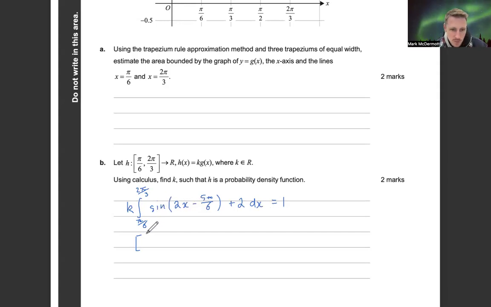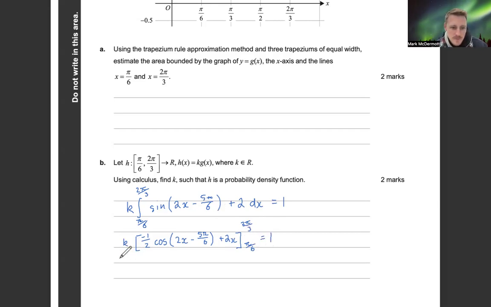Now, this will be on your formula sheet, but basically it's negative a half cosine of (2x minus 5 pi on 6) plus 2x between pi on 6 and 2 pi on 3. And that's all multiplied by k, and all of that equals 1.